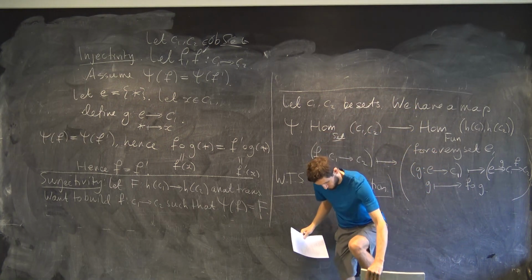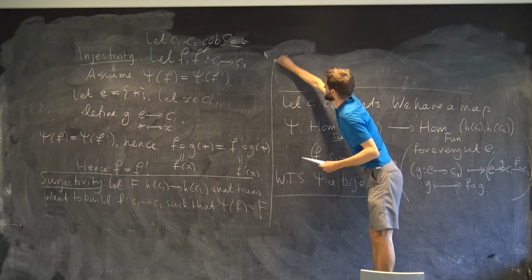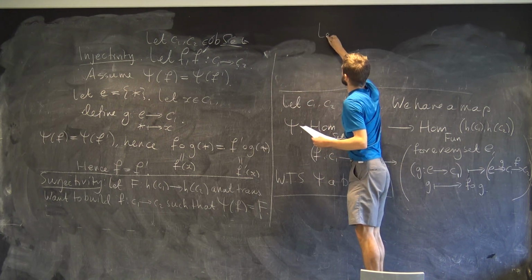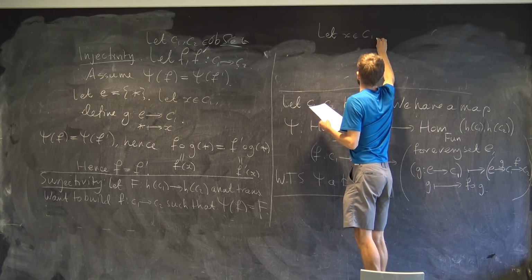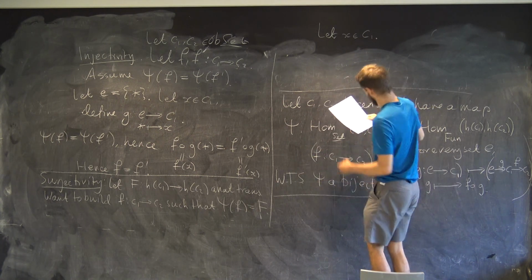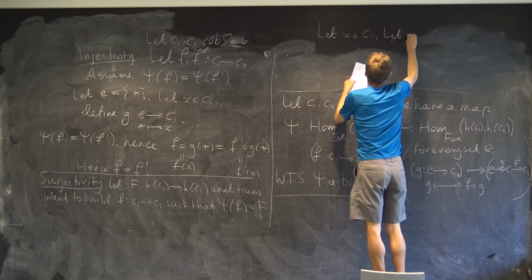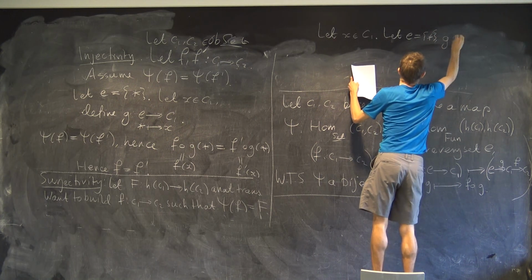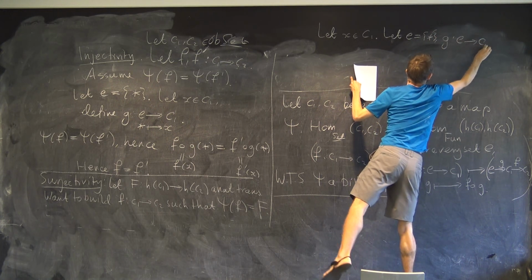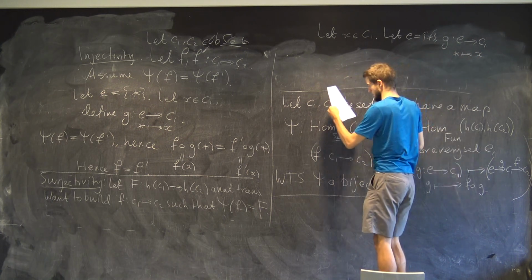Okay. So I'm going to define this map little f. So let x be in C1, I'm going to have to tell you where to send x. So I'm going to do the same thing as before: let E be the set containing one element, and let G from E to C1 send this one element to x.